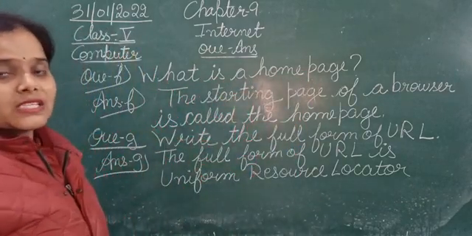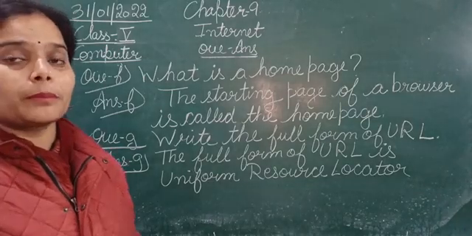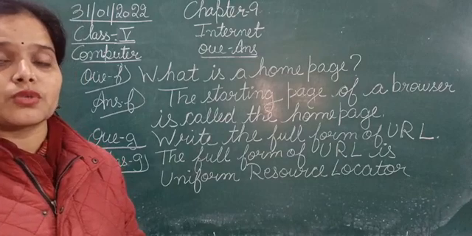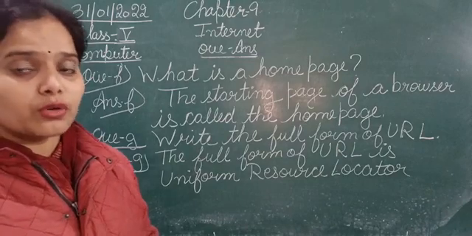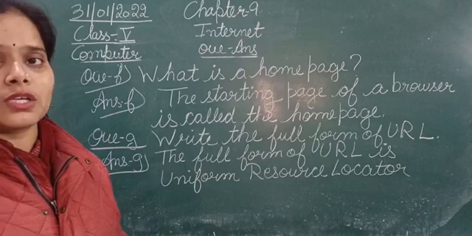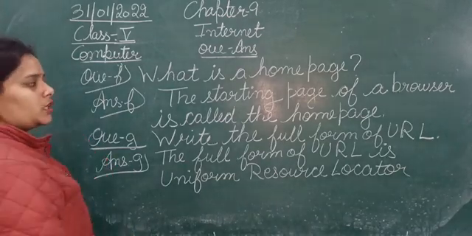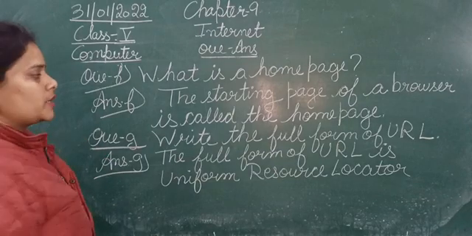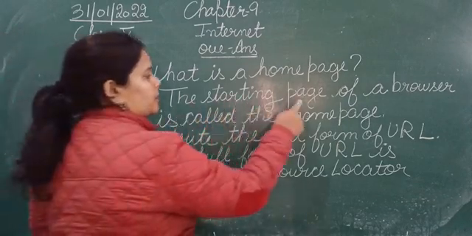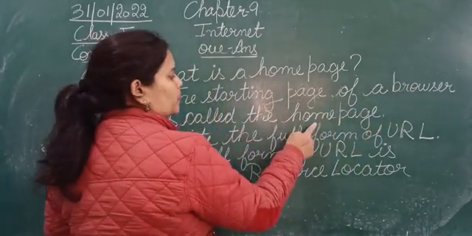That is the front page or the main page when we open a browser. It can be any browser, whether it's Google Chrome or Mozilla Firefox. When we open any browser, the first page that appears on the screen is known as the home page. So it is written, the starting page of a browser is called the home page.